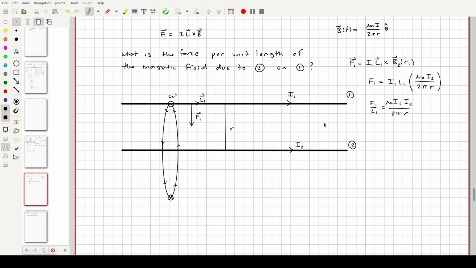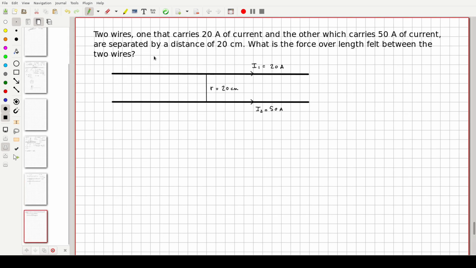Okay? So just as a simple example here, I want you to consider 2 wires, one that carries 20 amps, one that carries 50 amps. They're both in the same direction. If one goes in the other way, what that does is switch the direction of the force. So for example, let's pretend I1 was going the other way. It would push them apart as opposed to pulling them together.